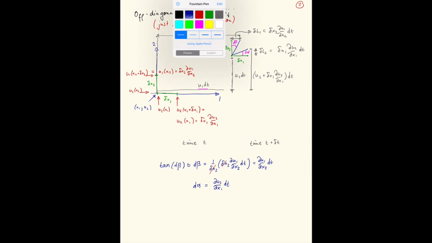So the average rate that the two perpendicular line elements rotate towards each other, let me write that out.